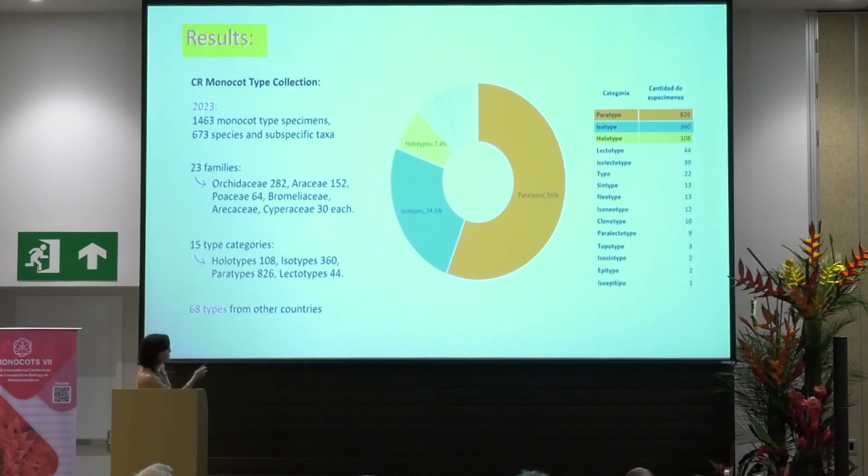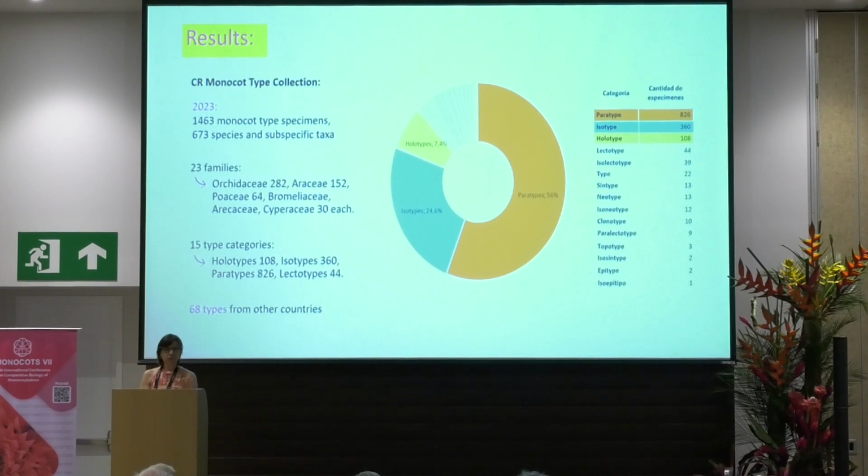And I want to just now point out here, look at the holotype number: 188, and then in the slides before, outside the country, there are more than 1,000 holotype specimens.